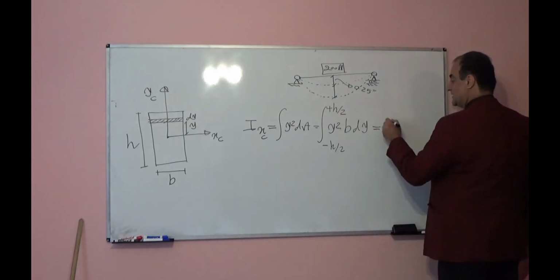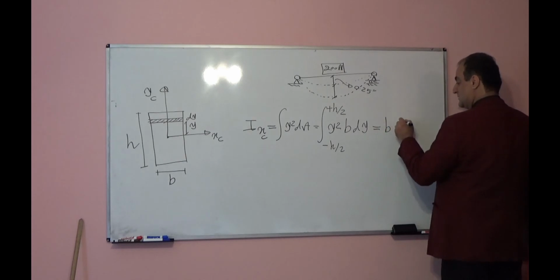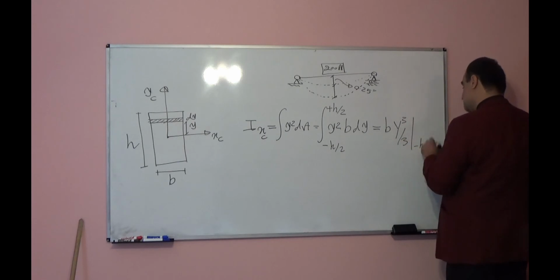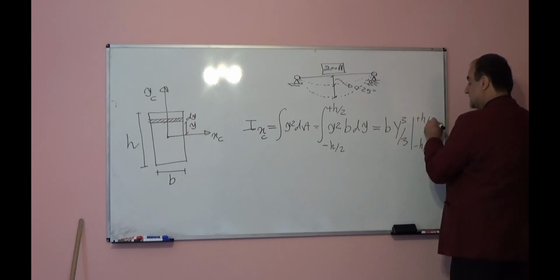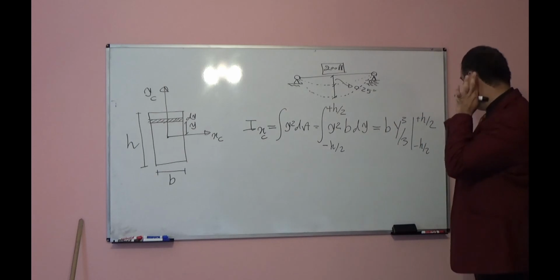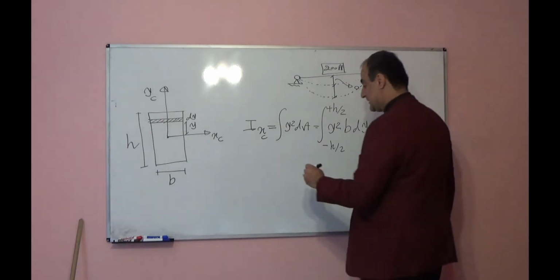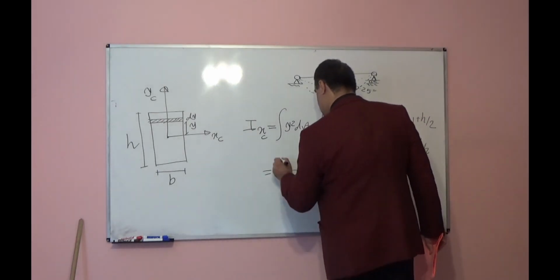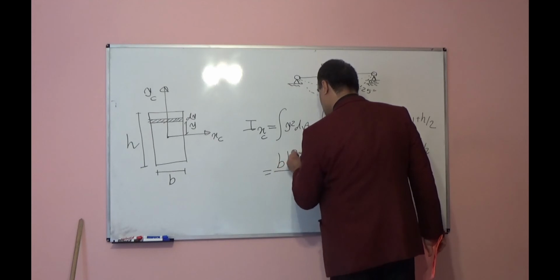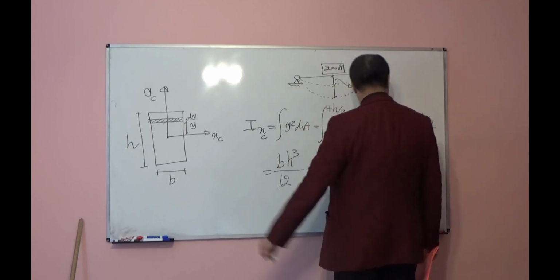So this will be b times y cubed over 3 from negative h over 2 to positive h over 2. If we plug these in, I will end up with b h cubed over 12.